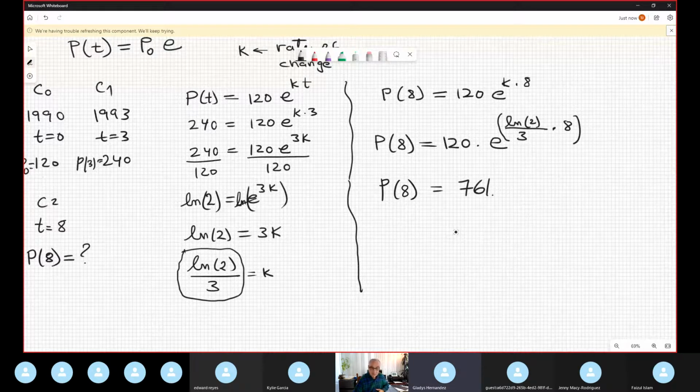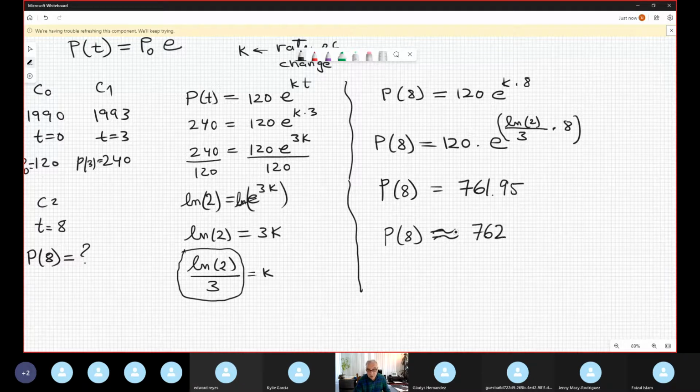Repeat again. 0.95. Of course, we are talking about rabbits, so now, in your opinion, what is the best approximation? I put in my paper at least approximation 762, no? Because it's almost 1.